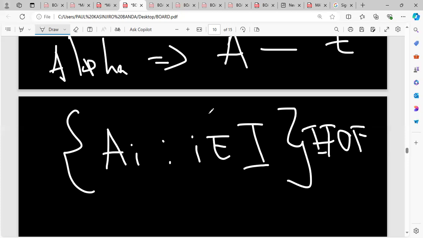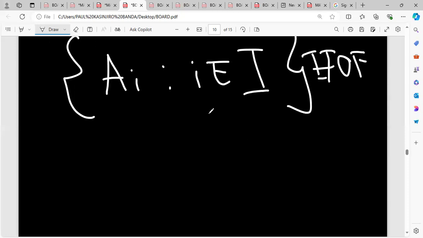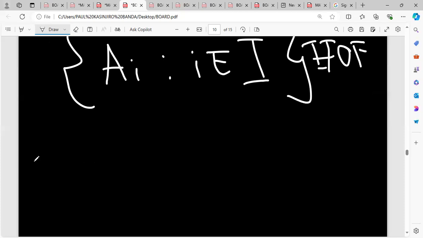Now that we know what an indexed family of sets is, we can go on and define the union. The first question asks us to define the union of an indexed family of sets.